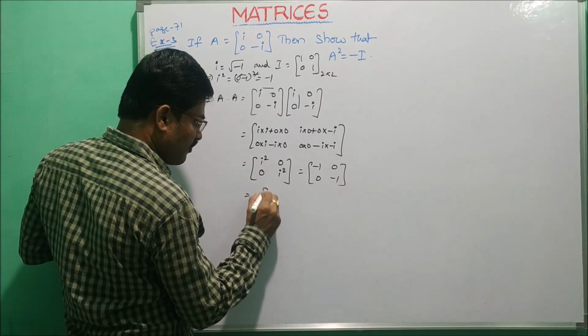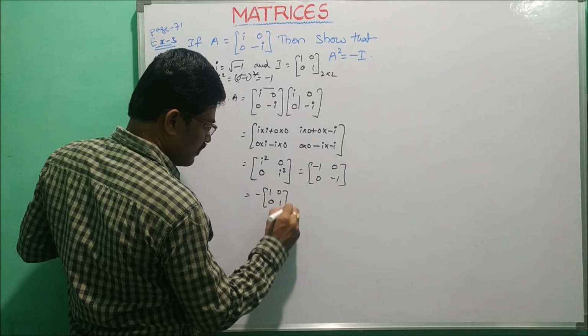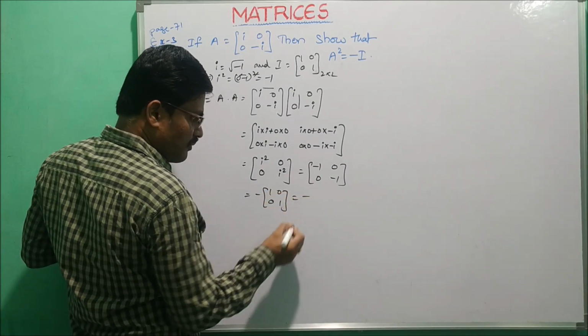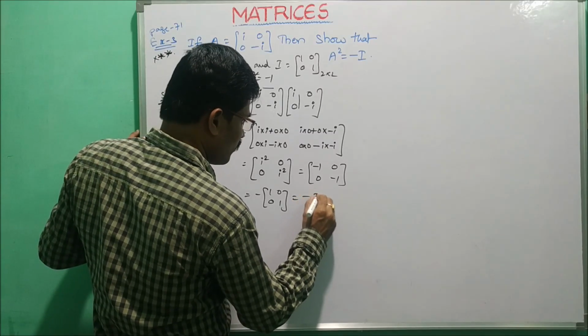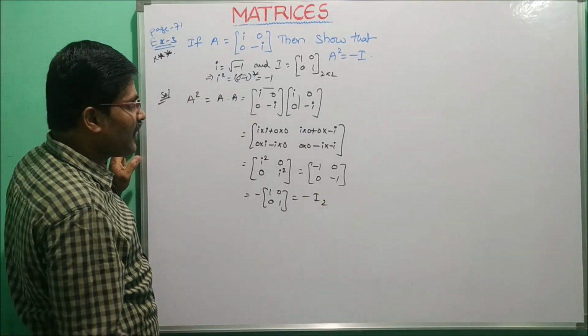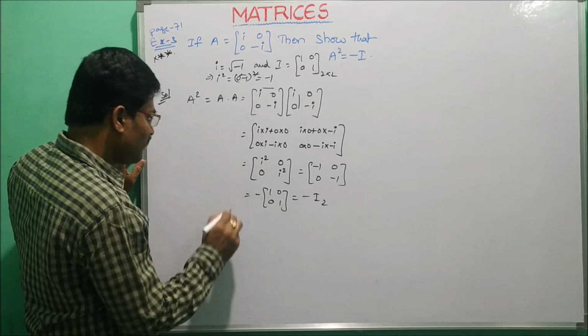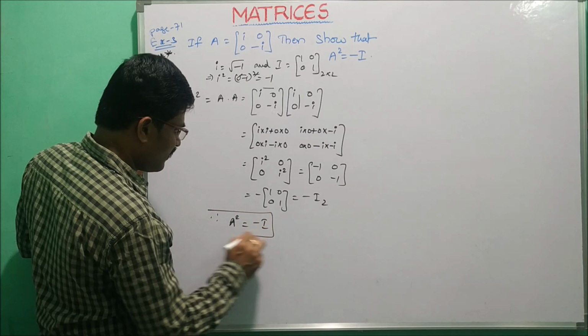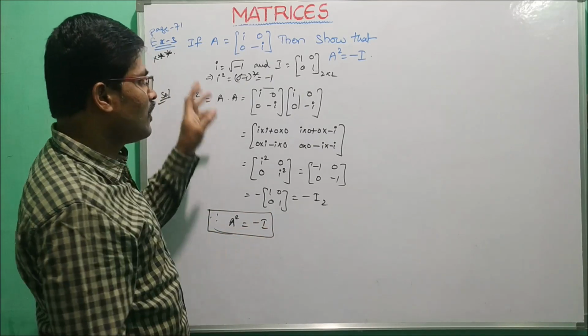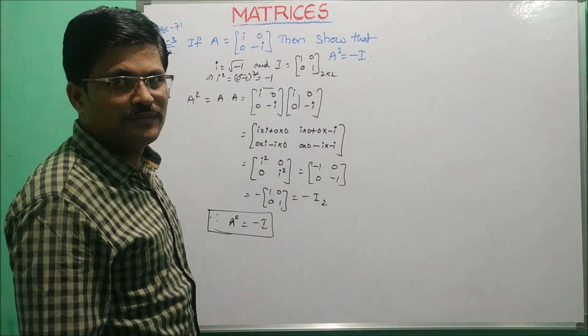So minus of [1, 0; 0, 1]. Now [1, 0; 0, 1] means unit matrix of order 2 by 2. So clearly we write I2, minus I2. Therefore our LHS is A square, RHS is minus I. This is our result, this is the solution for this question.